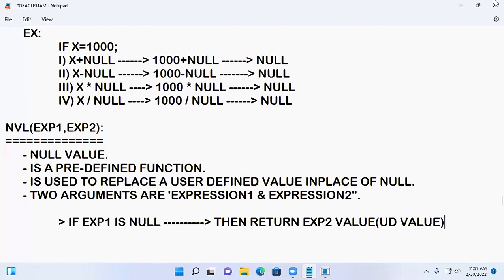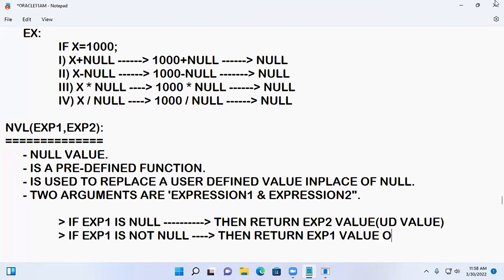So whatever value is given by the user will be returned when expression 1 is null. If expression 1 is not null, then it returns the expression 1 value only, because it is some value. Yes or no? It is some value, so that value will be returned.